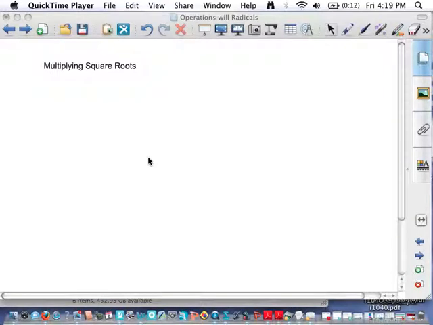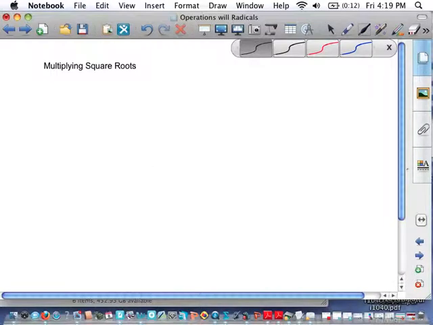Okay, the second part of our videos on square roots and radicals is going to be dealing with multiplying radicals. And hopefully you recognized from the last section, in which we were simplifying radicals, the process that we're going to use for actually multiplying radicals together.